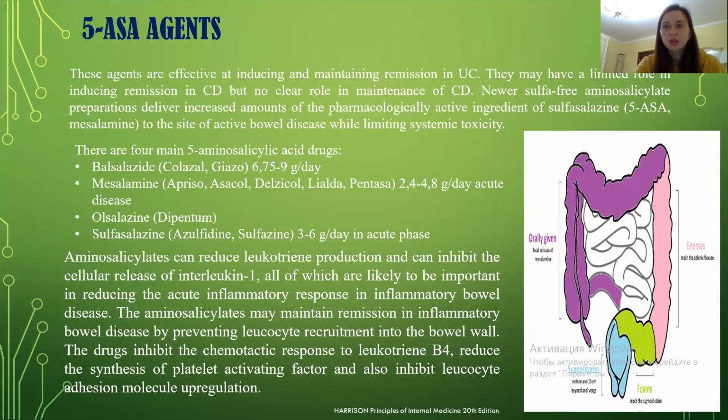The first drugs are 5-ASA agents. These agents are effective in inducing and maintaining remission in ulcerative colitis. They may have a limited role in inducing remission in Crohn disease, but no clear role in maintenance of Crohn disease.